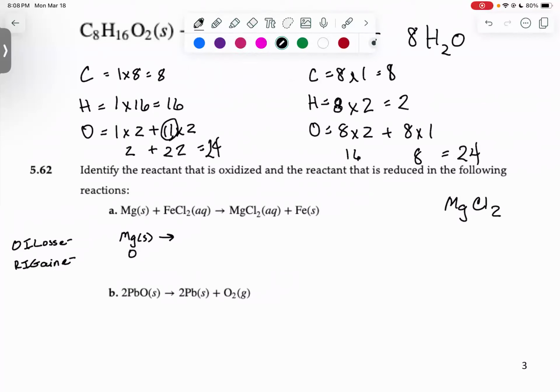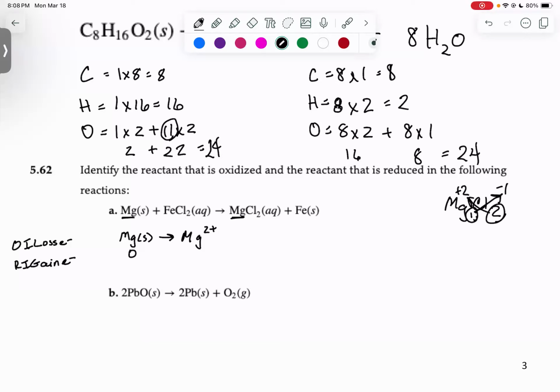So what I need to find out is, what is the charge on the magnesium? I'm pulling out this and I'm pulling out this, and I'm saying, what happens to it? So I'm going to do that reverse crossover. And I'm going to check my charge on my main group elements. Well, they're both main group elements. And so magnesium is a 2+, so it goes to Mg2+. So then I can say what happens.